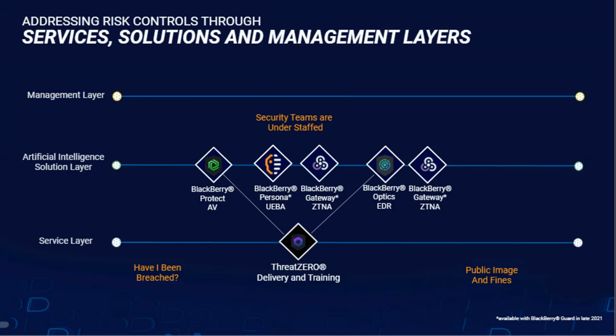And then we have the BlackBerry Gateway. It's running that intelligent network risk assessment in the cloud. So you have the user perspective with Persona, you have the network perspective from Gateway, you have tremendous endpoint security coming in from BlackBerry Protect and Optics. Holistically, you get the endpoint, user, and network perspective to keep you safe in the environments.